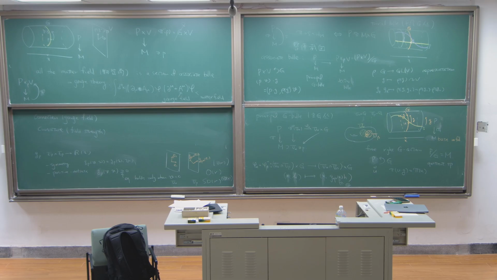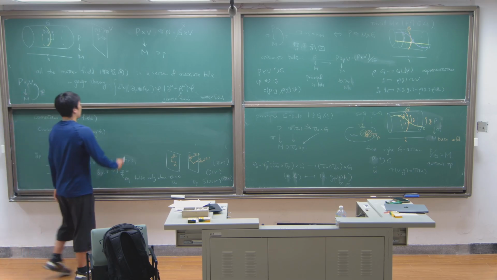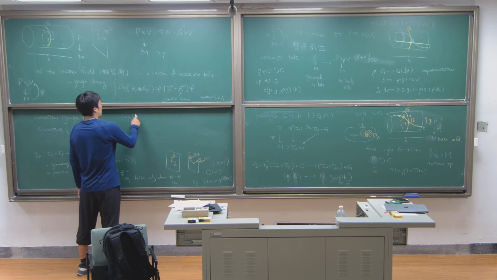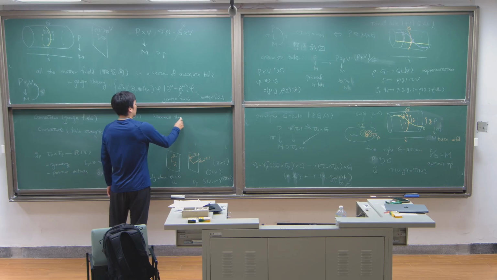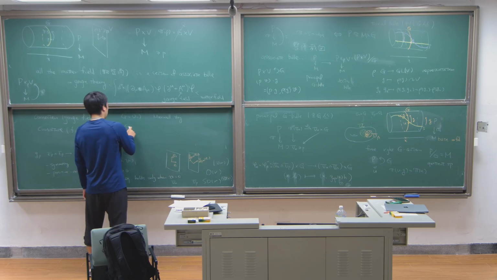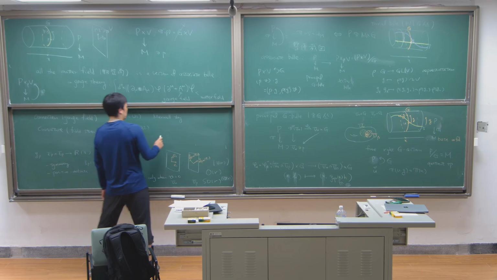But for instance, if the gauge group G is equal to U1, the theory becomes Maxwell theory. And if G is equal to SU2, you might have known this is the weak force.